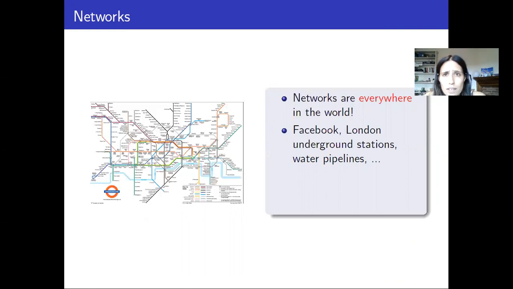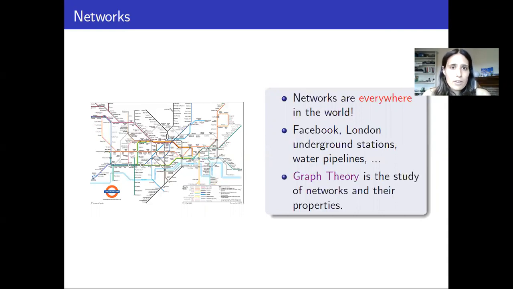Many forms of our infrastructure, such as the water pipeline or electricity network, all of these things in the world are networks, and often when people want to build these things or understand these things, it's helpful to be able to say things mathematically about how they work. So my area of maths is called graph theory, and very roughly speaking, it's the study of networks and their properties.